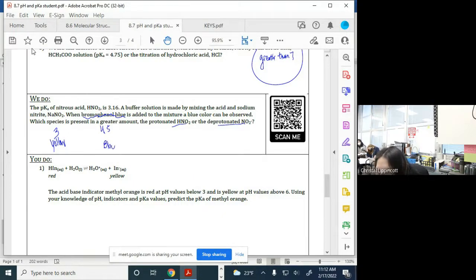So when this is added to the mixture, a blue color is observed. So is that going to have the hydrogen with it or without it? Without, because it doesn't have the hydrogen on it. Right. Here where it's blue, pH is greater, which means that you have the deprotonated version. The yellow side is going to have the hydrogen with it.